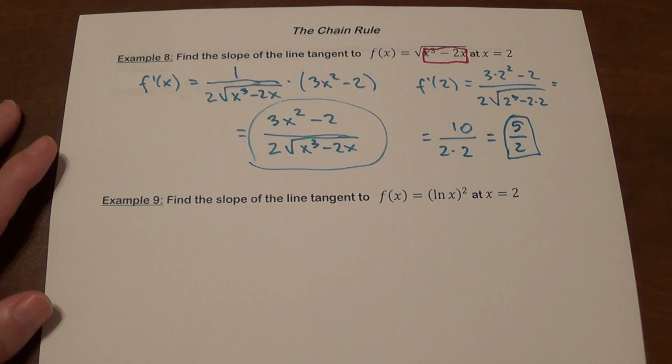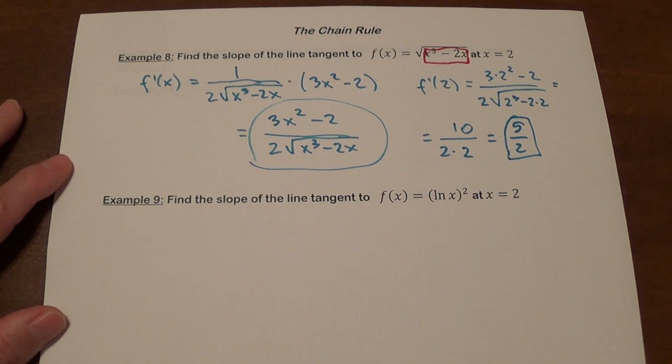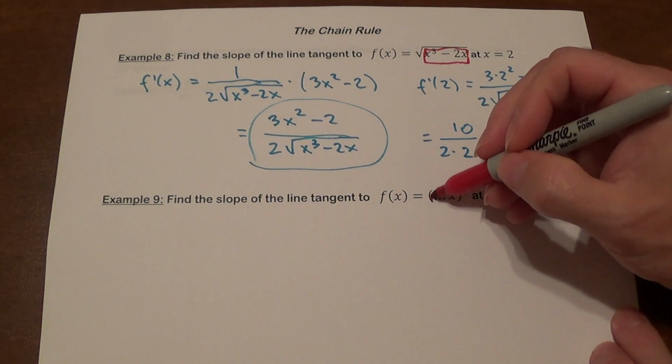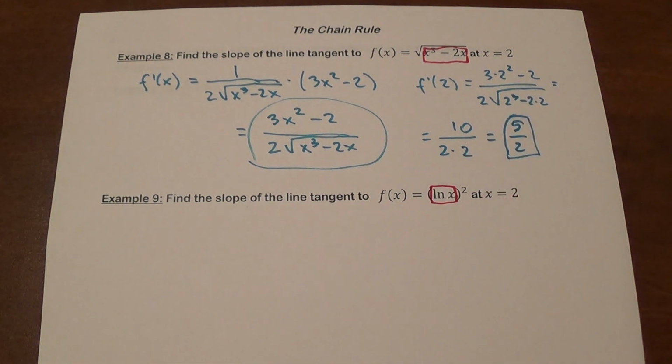Example 9. Find the slope of the line tangent to this function. So we have ln x squared. Our inside function here is ln x, and afterwards it gets squared. That means we differentiate the outside function, the square, first.